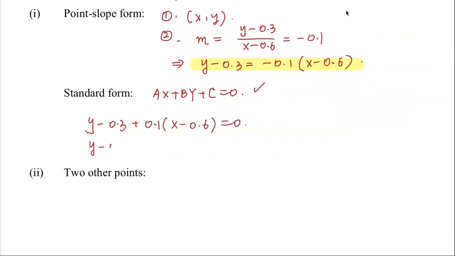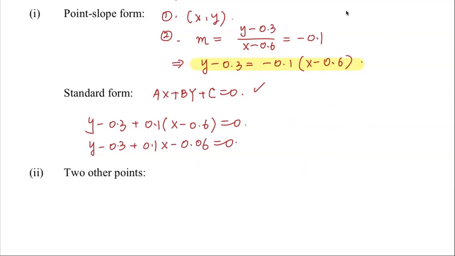And y minus 0.3 plus, now we use the distributive rule to open the brackets. 0.1x minus 0.1 times 0.6, which is 0.06, is equal to 0.